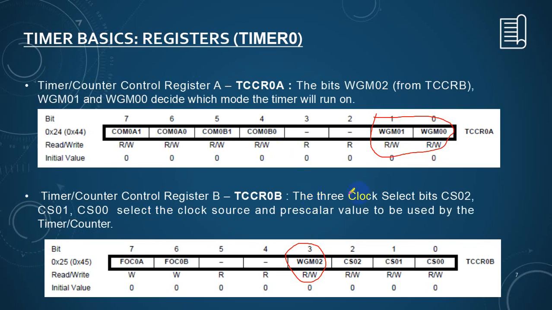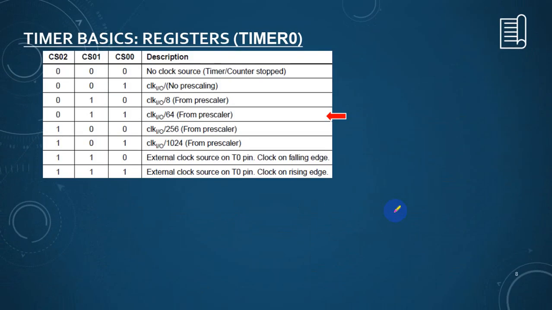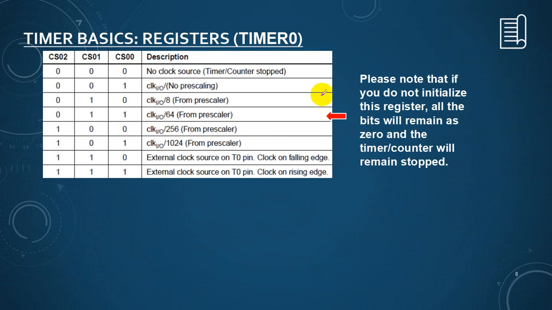The timer counter control register B, TCCR0B, has the 3 clock select bits CS02, CS01, CS00. What do they do? They select the clock source and prescaler value to be used by the timer counter. Look at this table.